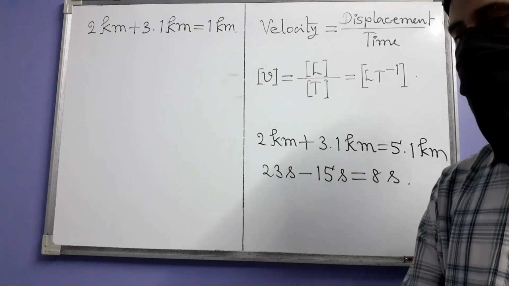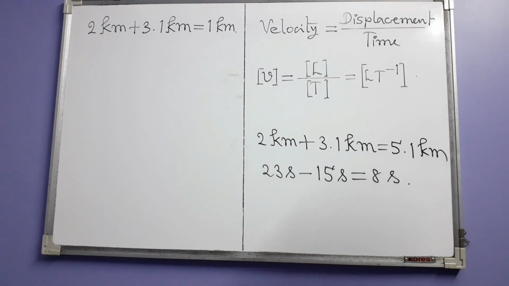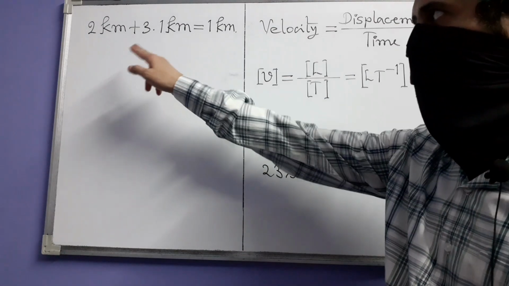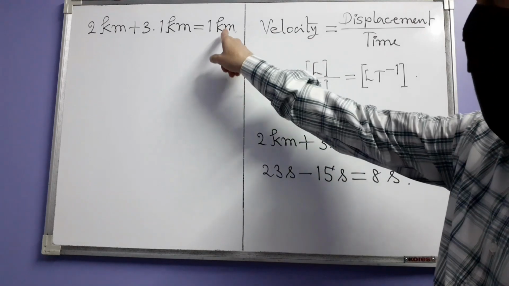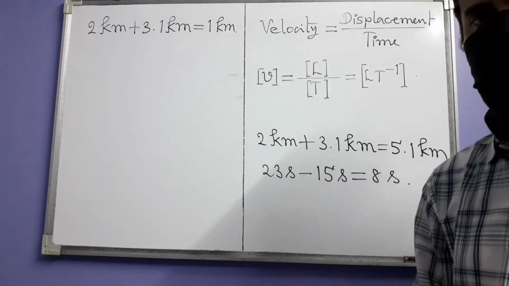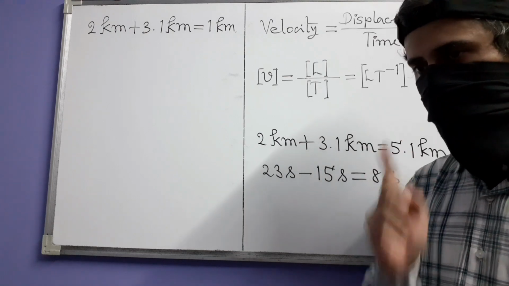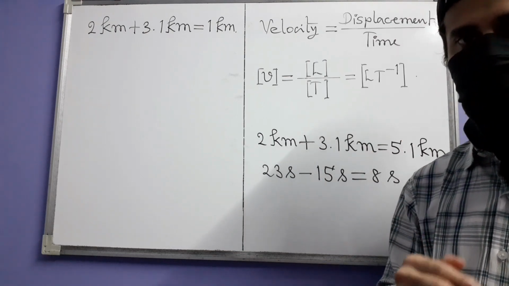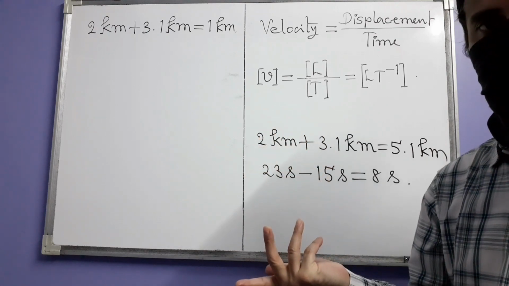On this equation, if you apply the dimension check on both sides, you get that both the quantities on the left hand side have the dimension of length, and the quantity on the right hand side also has the dimension of length. So this equation is dimensionally consistent, or homogeneous, or correct, but obviously it's not correct.